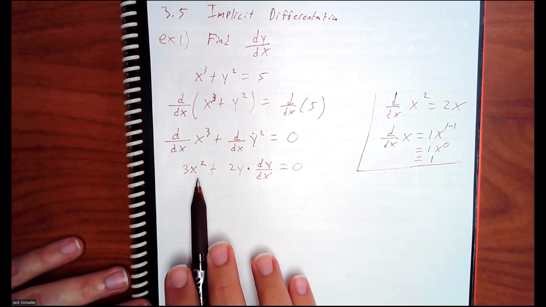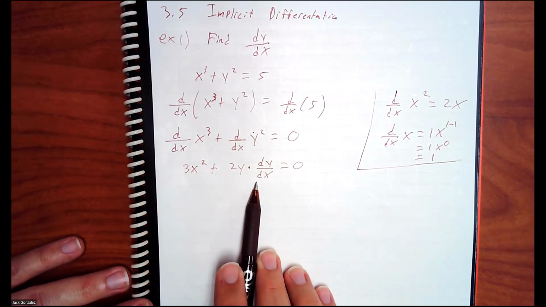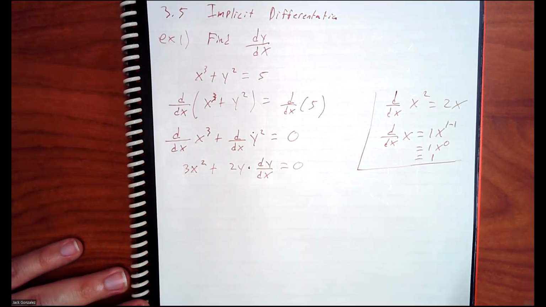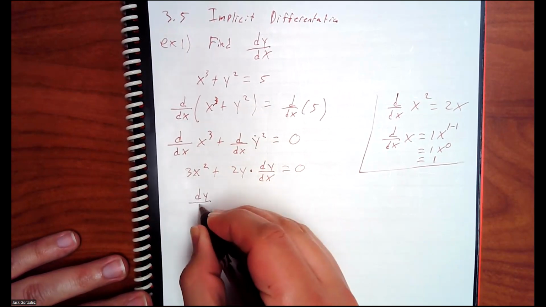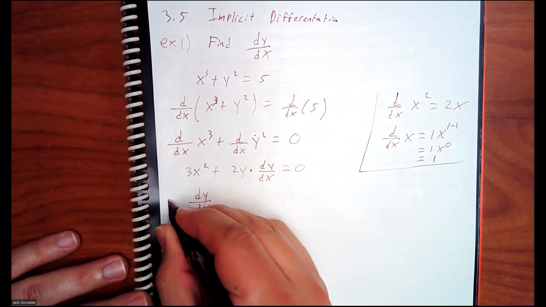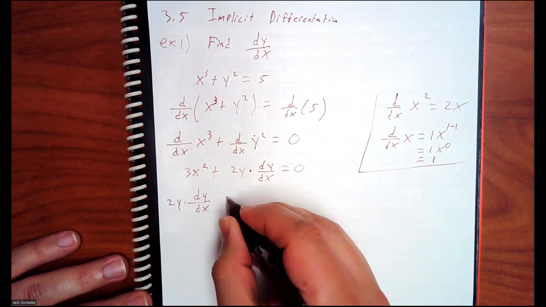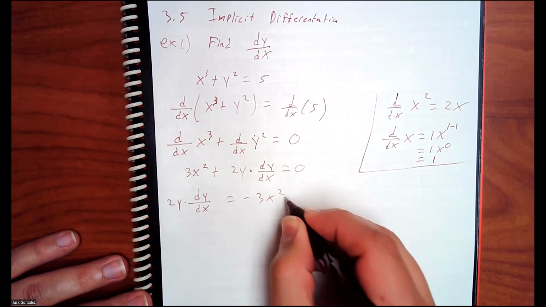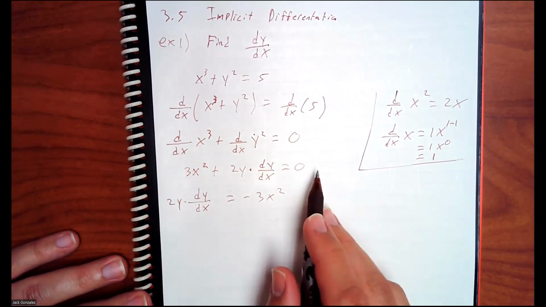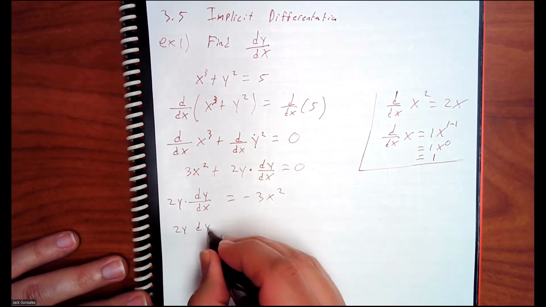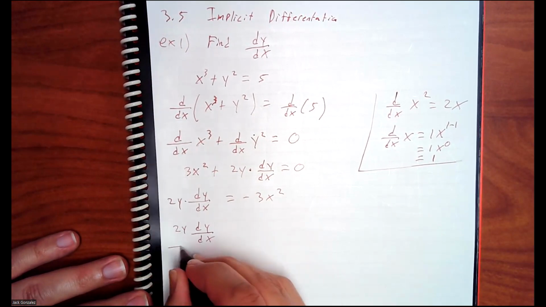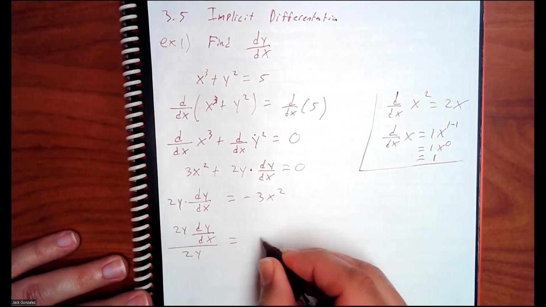So anyway, this piece okay? So just solve for this piece and that's it. You're done. So I'm going to subtract that over, with dy/dx, 2y right there, right? Equals negative 3x squared. So I subtracted it over to this side. Then divide by 2y on both sides.